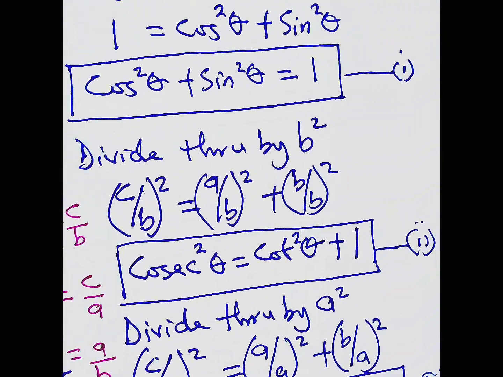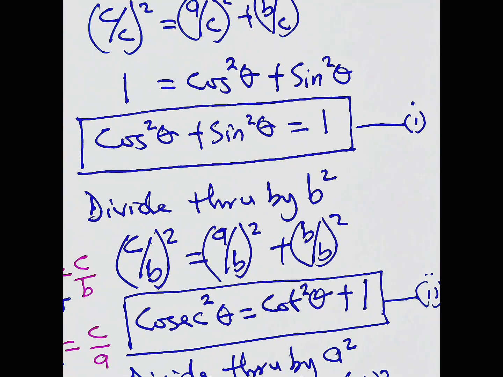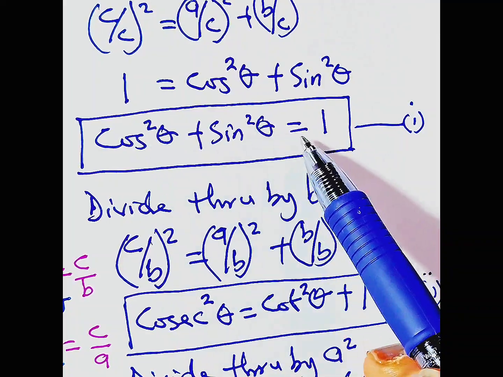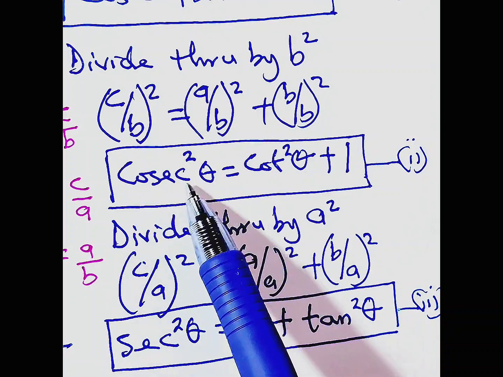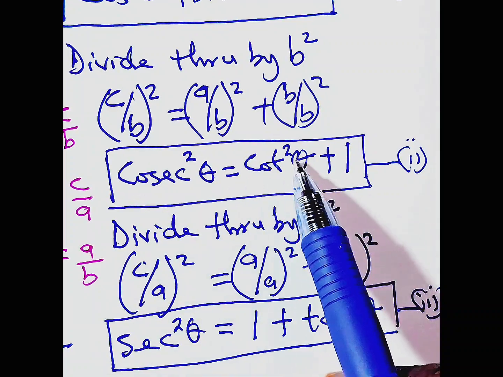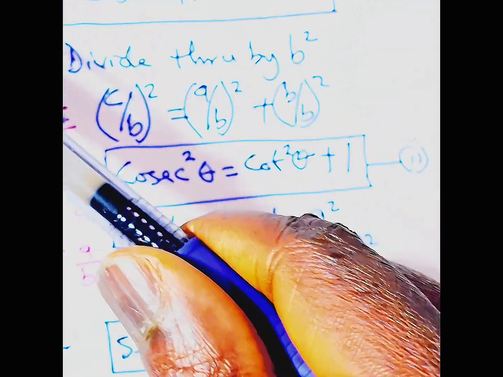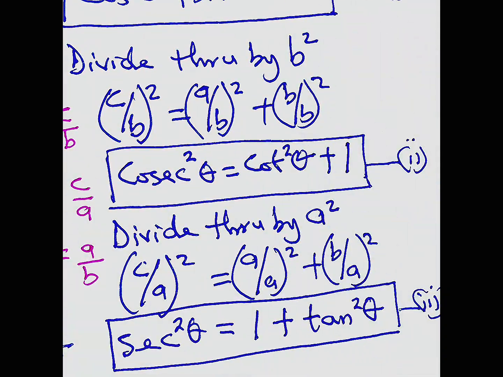We also saw that using the Pythagoras theorem we derive cos square theta plus sin square theta equals 1. Again, we derived cosec square theta equals cot square theta plus 1, and also sec square theta equals 1 plus tan square theta. That means we have 1, 2, 3, 4, 5, 6, 7, 8, 9, 10. That's good, and that's great.